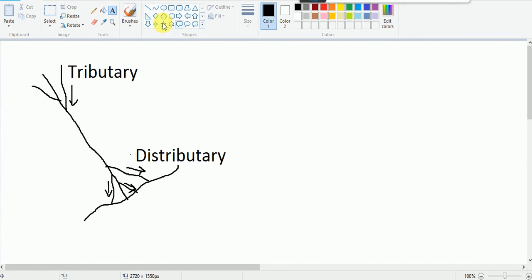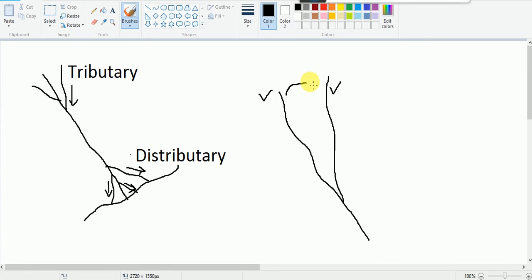See here, let us say this is a river, and this is another river, and it is joining here. So we have got two rivers. This is one river and this is another river, and this land between these two rivers is known as a doab.